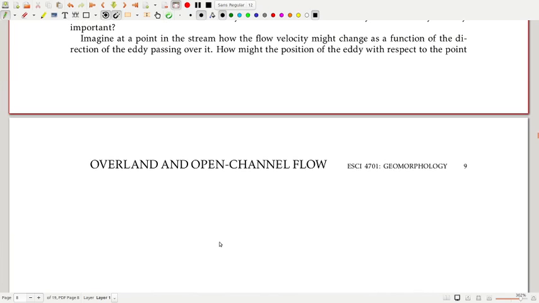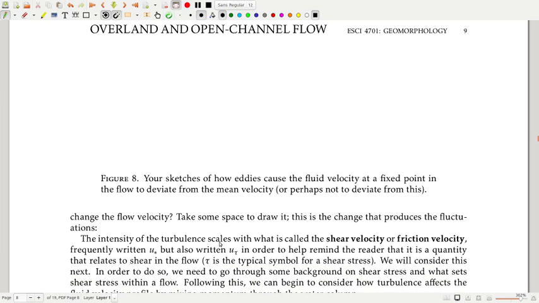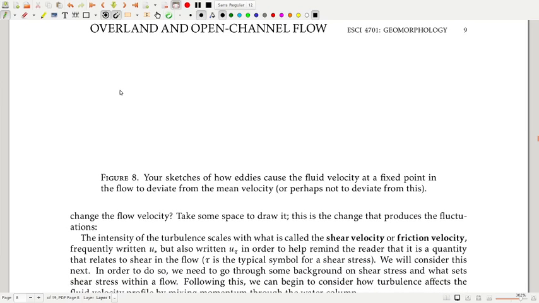So if we're at a point in the stream, I'm going to draw this point in black 4 times. And then I'm going to draw this eddy going through it in 4 different positions.